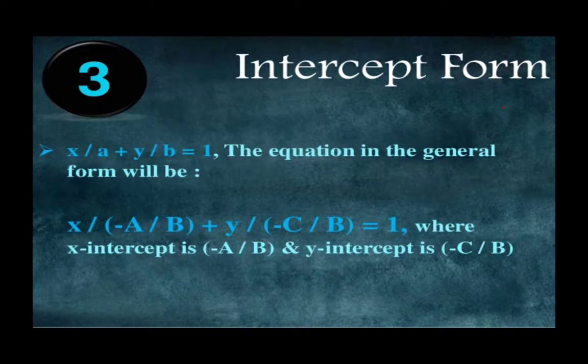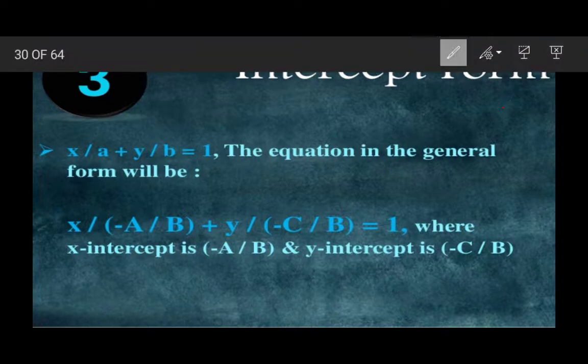The third one is the intercept form. In intercept form, the x-intercept is given, suppose it is a, and the y-intercept is given, suppose it is b. Then x upon a plus y upon b is equal to 1.